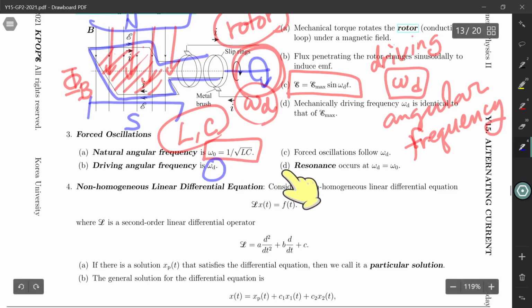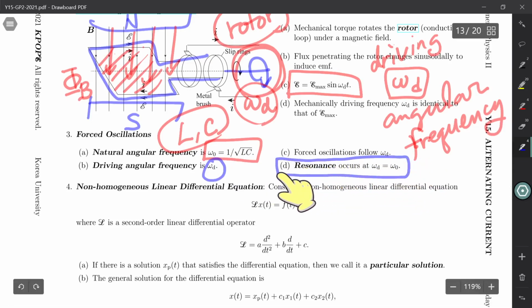We shall find that there is a resonance.